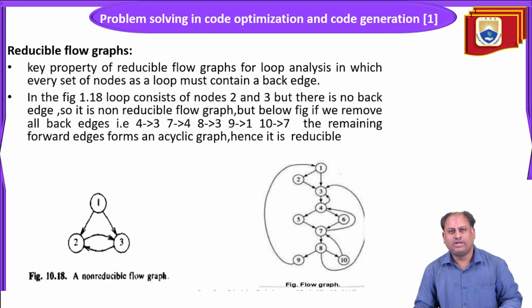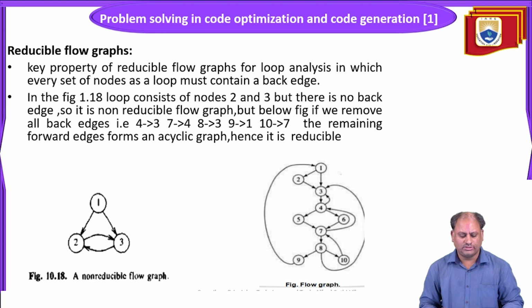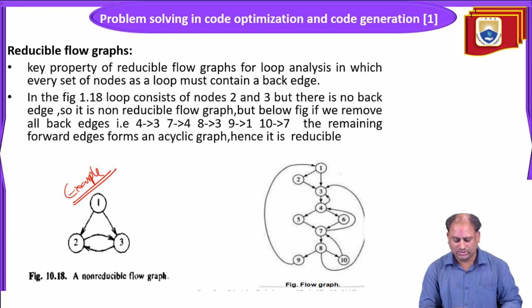The next topic is reducible flow graphs. In this example of a reducible flow graph, from this graph we get another graph, reduced into some other notation, where the loops and some of the other transitions are eliminated.